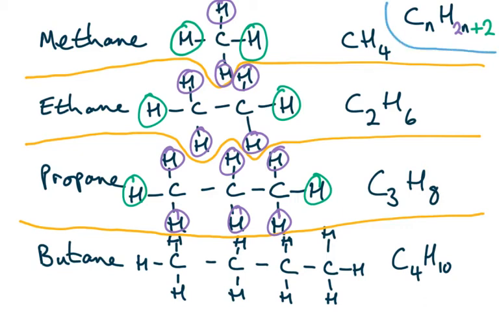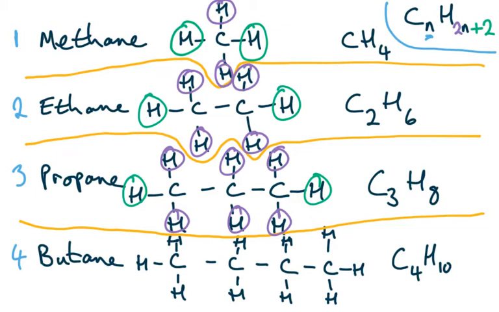So the general formula for working out the number of hydrogens and carbons in a hydrocarbon molecule, one of the alkanes, is just by looking at how many carbons are there. So Cn. So first of all, you do have to count the carbons. So Cn, and then n becomes however many carbons there are. So n could be, for example, 1 if we're looking at methane, 2 if we're looking at ethane, 3 for propane, and 4 for butane.